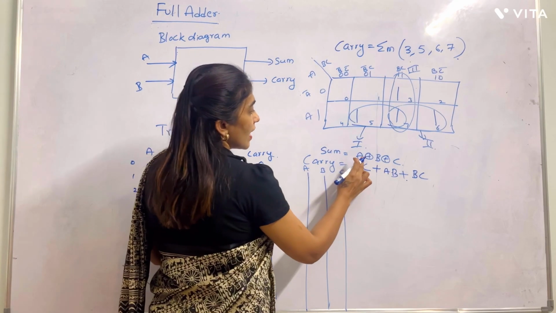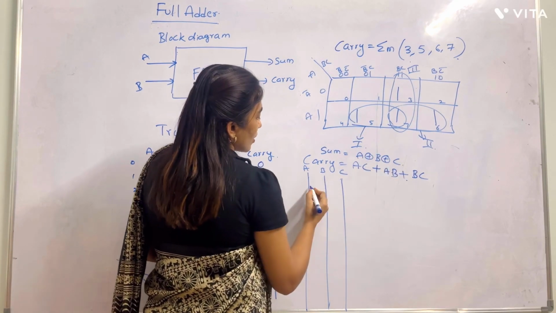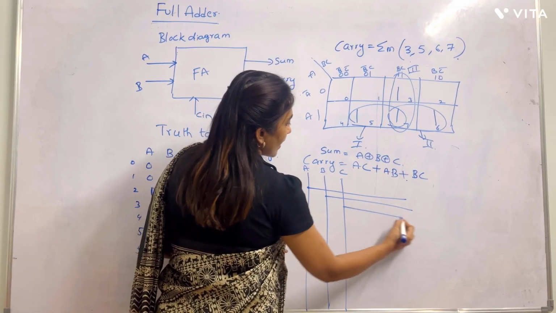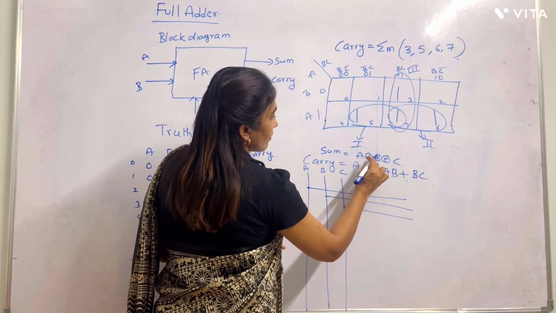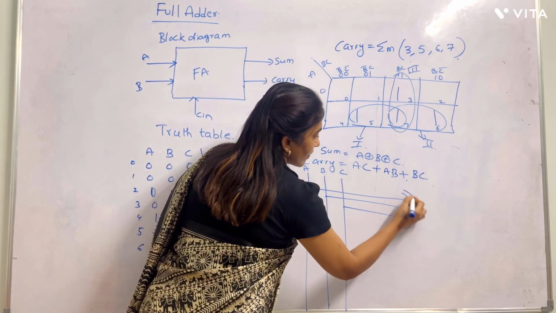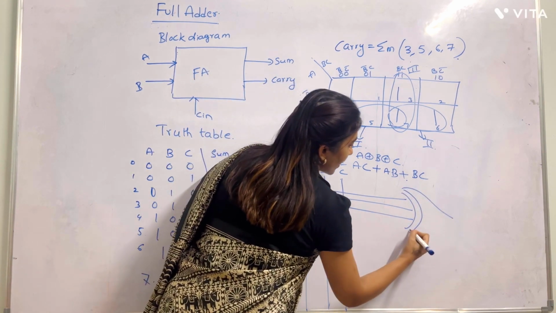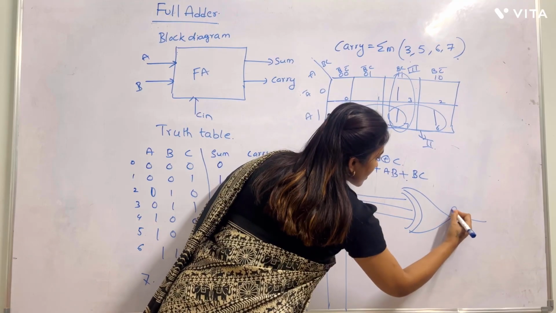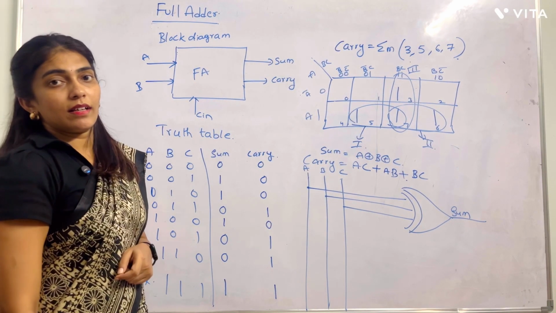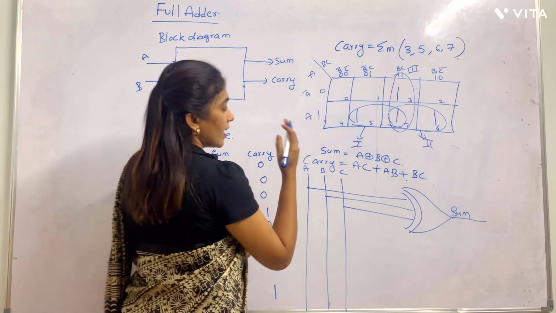The sum equation is A XOR B XOR C. So extend the A line, extend the B line, extend the C line. These three are combined with which gate? Exclusive OR gate. So I am giving these three lines to an XOR gate. This is the output for sum, A XOR B XOR C. Next, go for the carry equation.